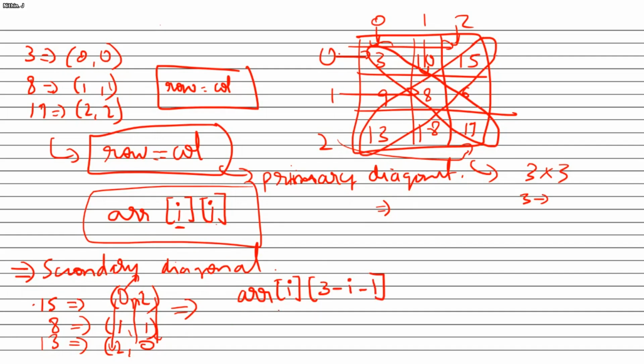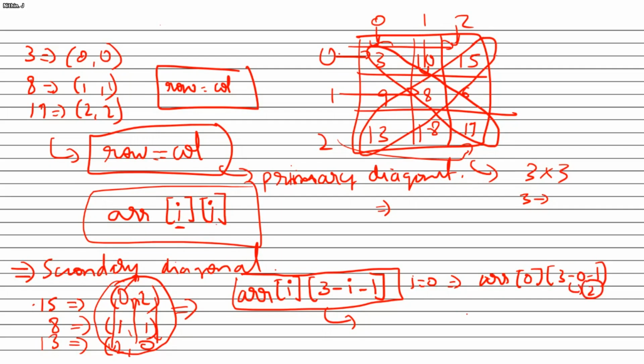Okay, now I have written this. Let's test it by putting the values of I from 0 to 2 and see whether we get the same coordinates. Let's put I as 0, then we get R of 0, and 3 minus 0 minus 1 is 2. Yep, we got the first coordinate. Let's move I to 1.